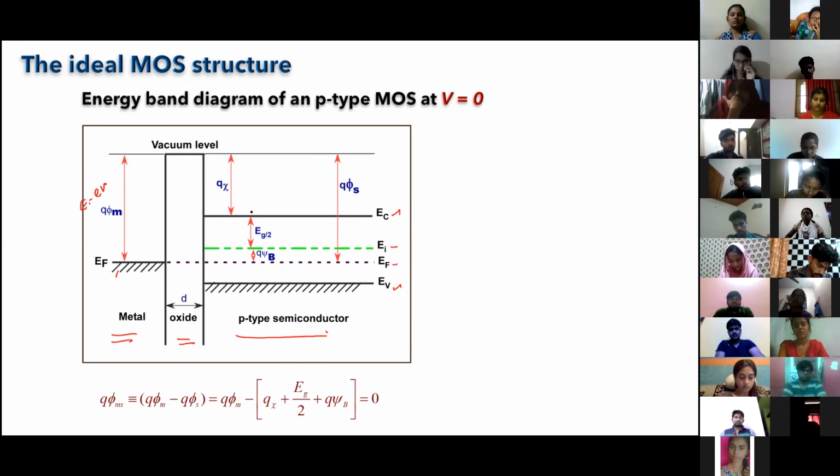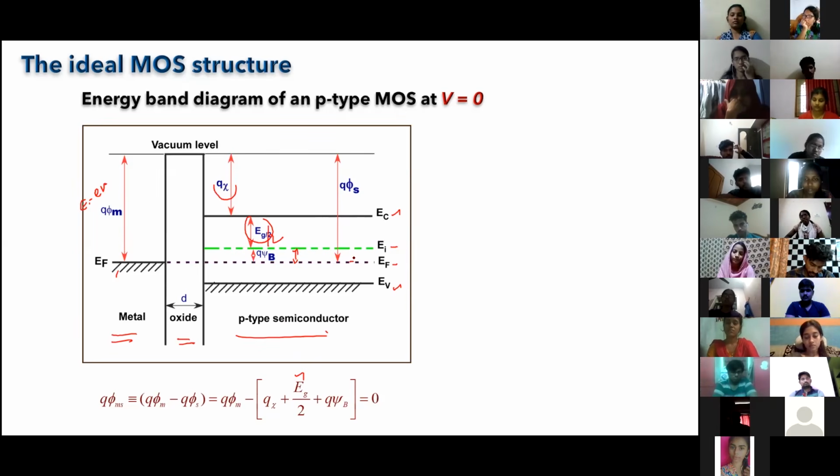The energy between them is marked by different letters. It's half of the band gap, Eg divided by 2, which is given here. Another is the energy difference between the intrinsic level and the Fermi level. And this is the Fermi level of the semiconductor, and the total energy difference is the work function of the semiconductor.